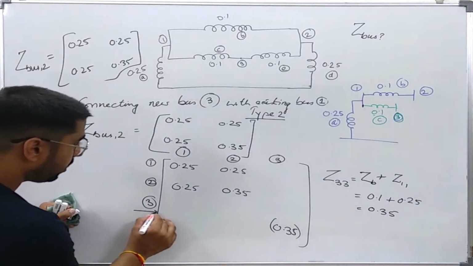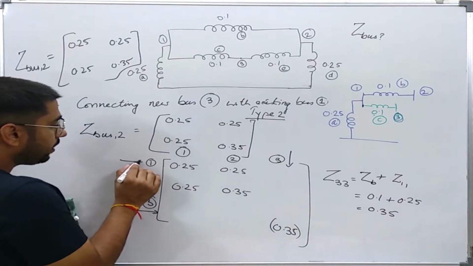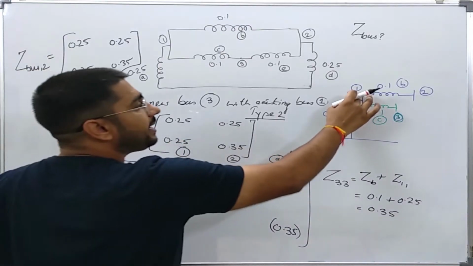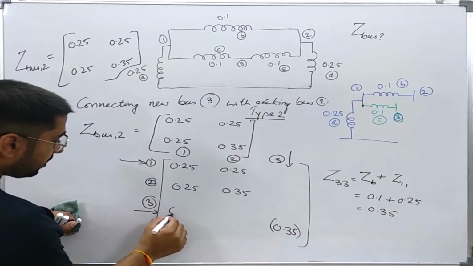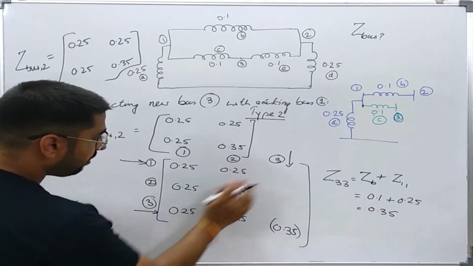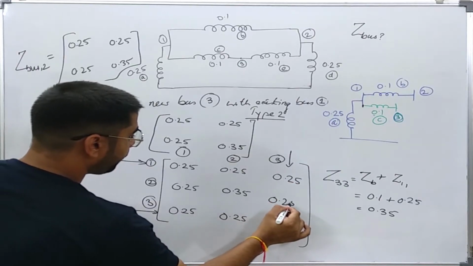And this row and this column will be same as that of the column and rows corresponding to the already existing bus to which the new element is being added. So this will be simply 0.25, 0.25, and it will be its transpose only, 0.25, 0.25.